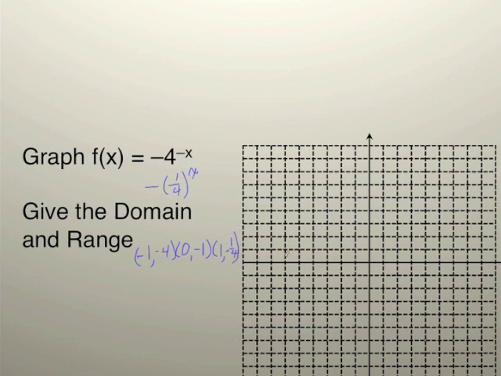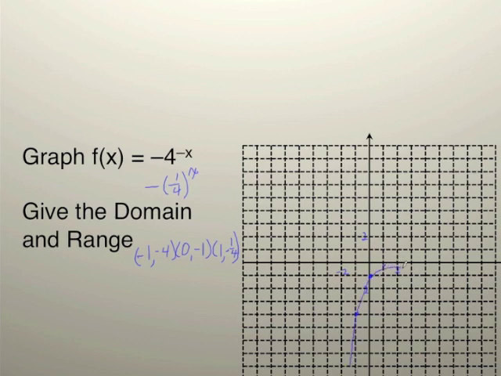So those are the 3 points. Again, we are numbering by ones. So -1, -4, 0, -1, and 1, -1/4.